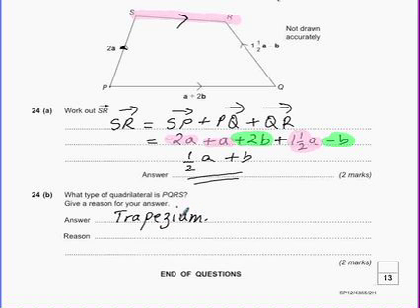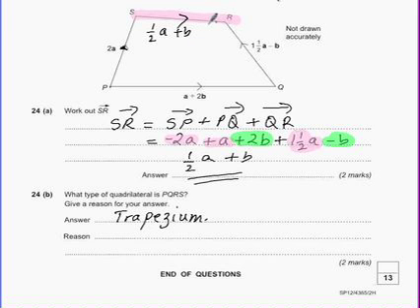All right, and the reason that you can give is by using the answer that you got from part A. On part A, we figured that that side here is half A plus B. And we also know that for a trapezium to exist, it needs to have a set of parallel lines.